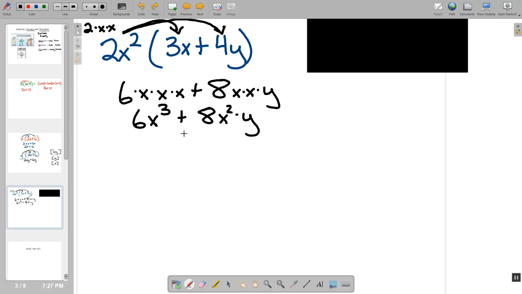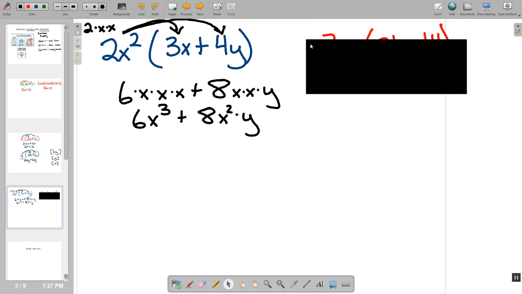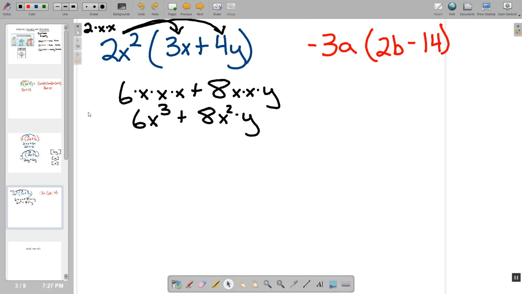This variable and this variable are different, so that means we are done with this problem, and we are in simplest form.